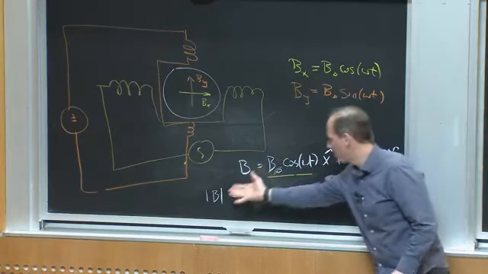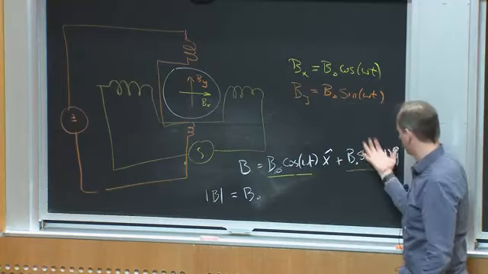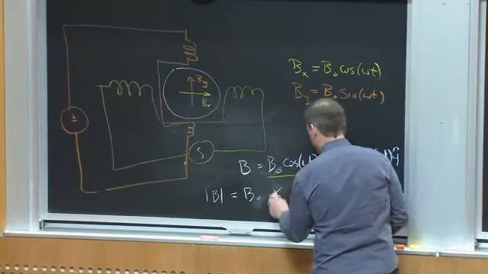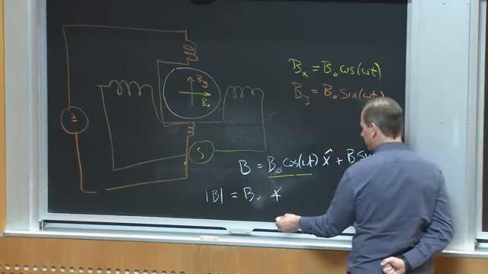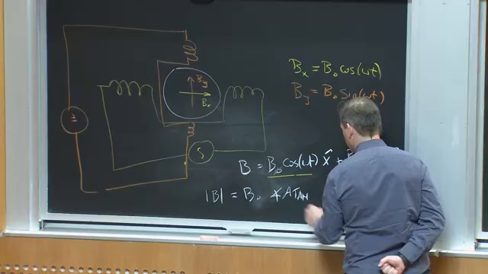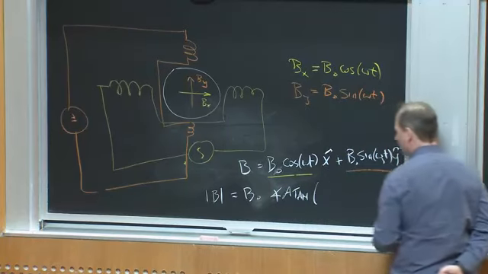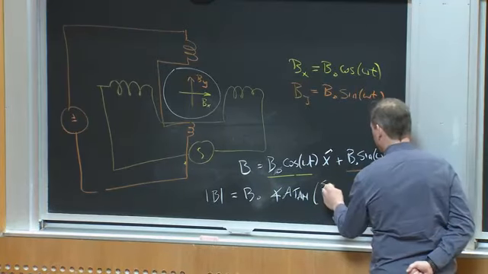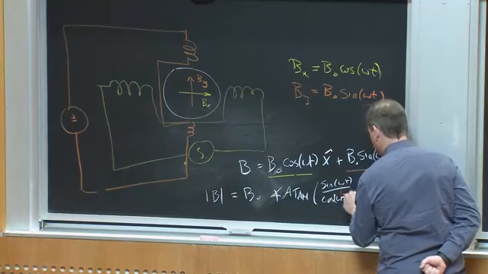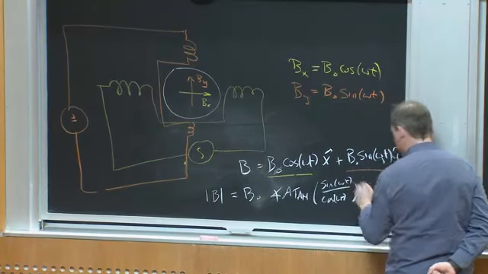So the net magnitude between x and y is just going to be B naught. And the angle in space is going to be the arctangent of sine of omega t over cosine of omega t, which is going to be equal to omega t.